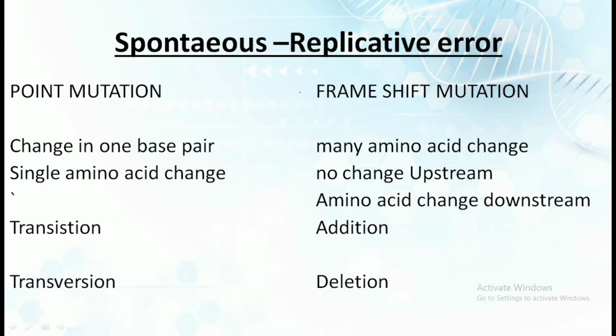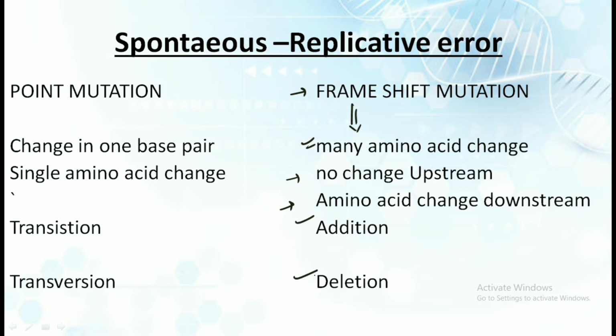The second one is the frameshift mutation. In case of frameshift mutation, it leads to many amino acid changes. There occurs no change upstream, but there occurs a complete change in the amino acids downstream of the point of frameshift.